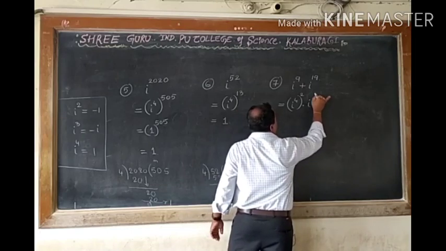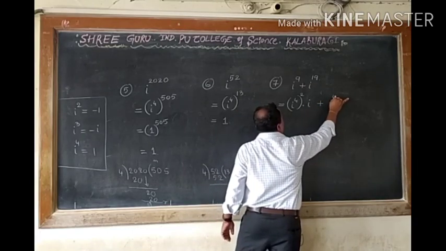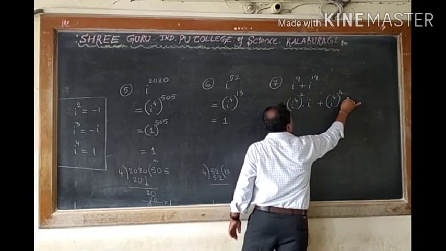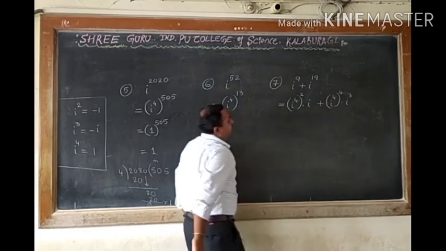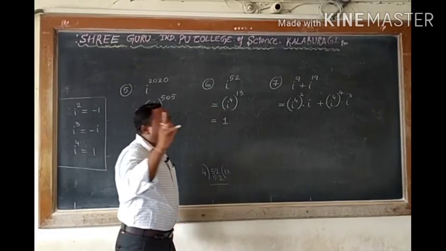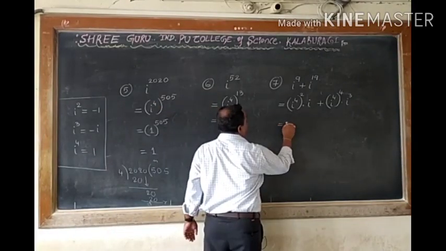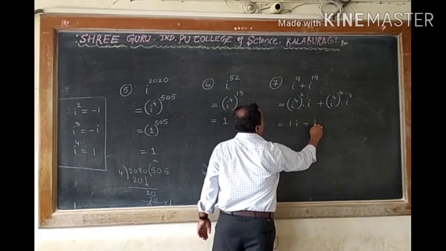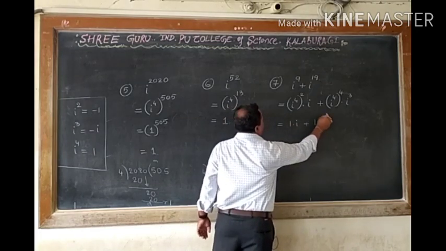Plus i power 19: 4 fours are 16, remainder 3, so i cube is present. I power 4 is 1, so 1 into i plus 1 into i cube.